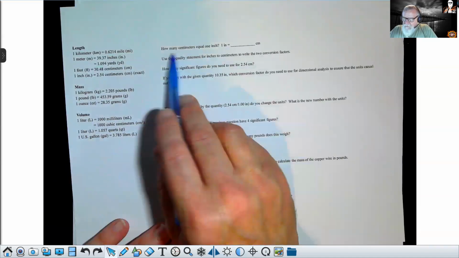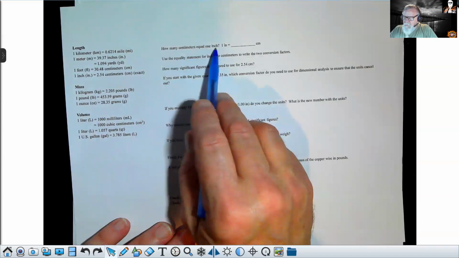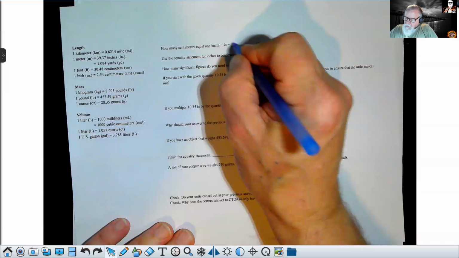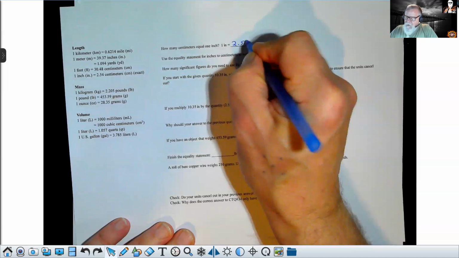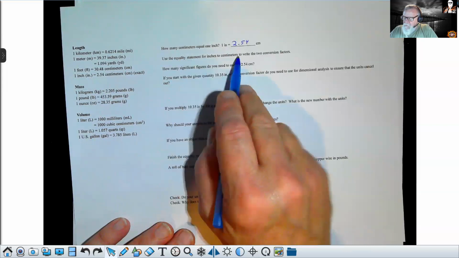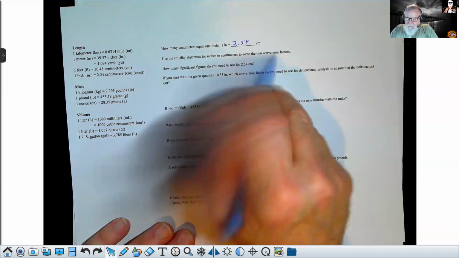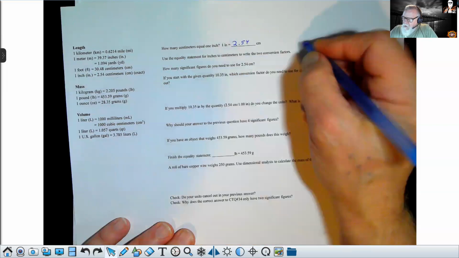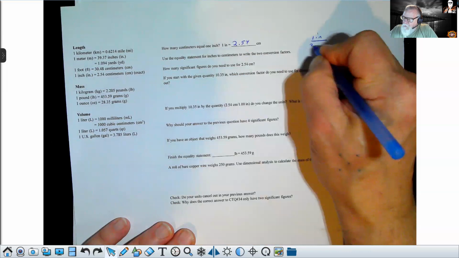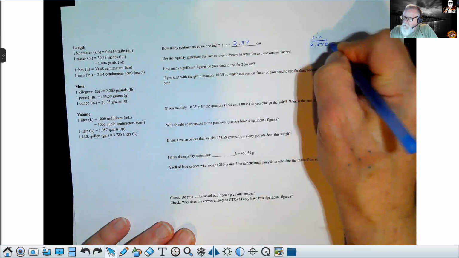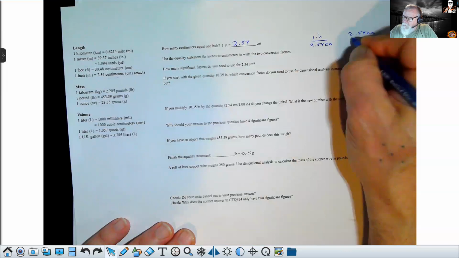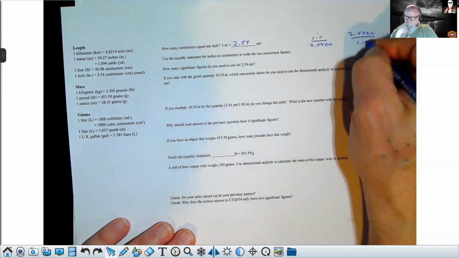Okay, so how many centimeters equals 1 inch? So 1 inch is equal to 2.54 centimeters. Use the equality statement for inches to centimeters to write two conversion factors. So two conversion factors. 1 inch per 2.54 centimeters, or 2.54 centimeters per 1 inch.